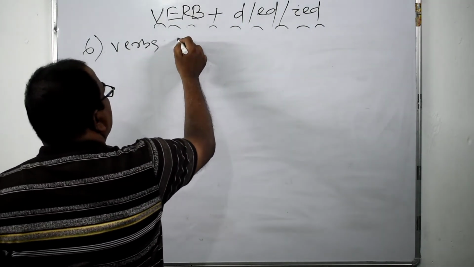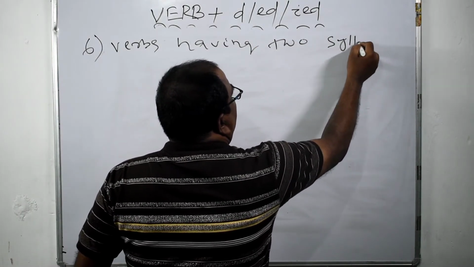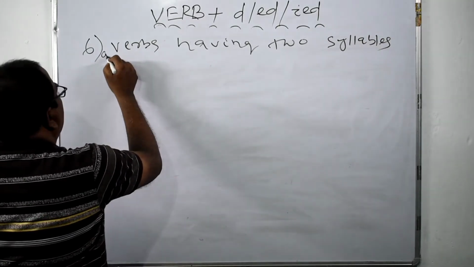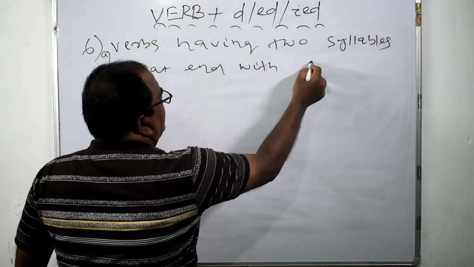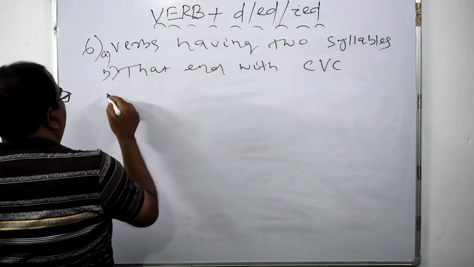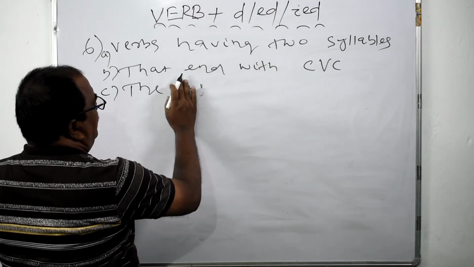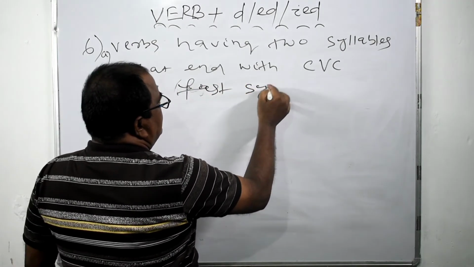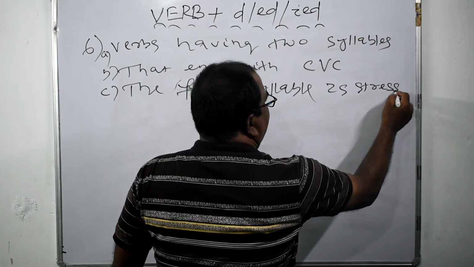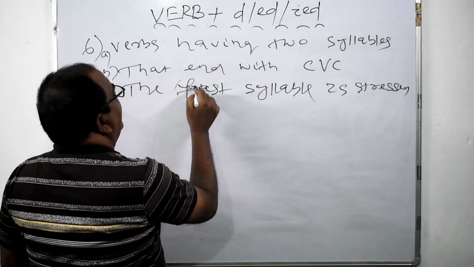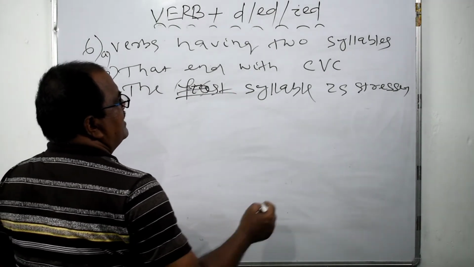Verbs having two syllables that end with CVC, where the first syllable is stressed.